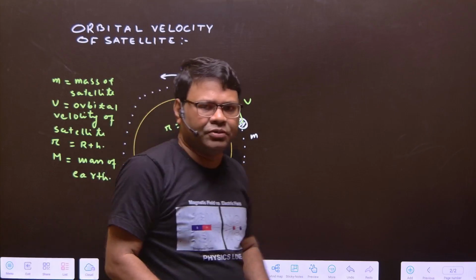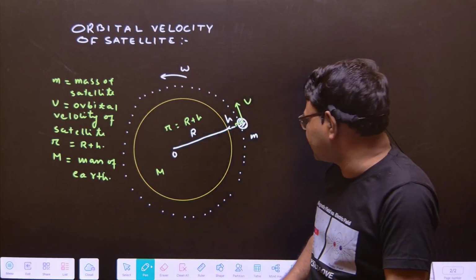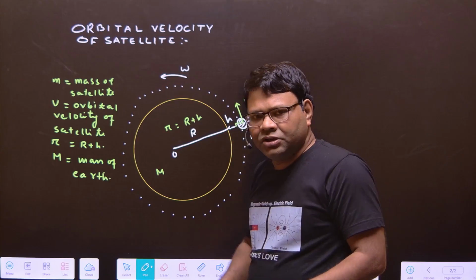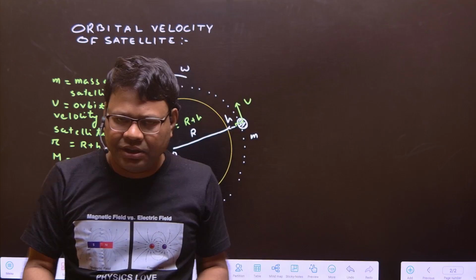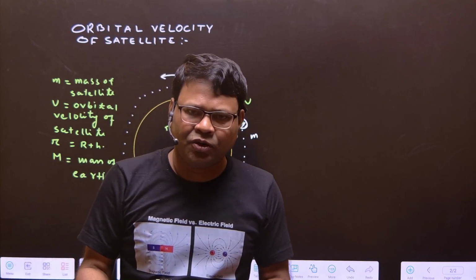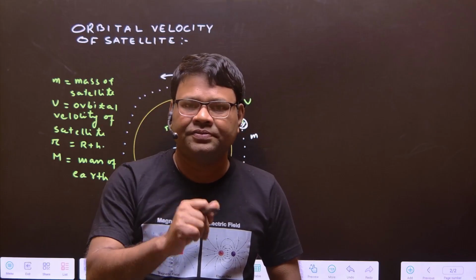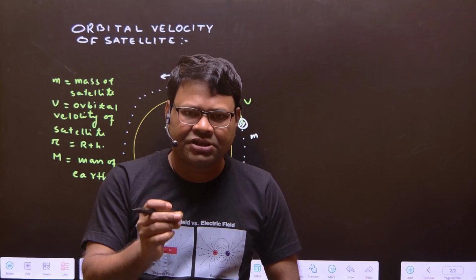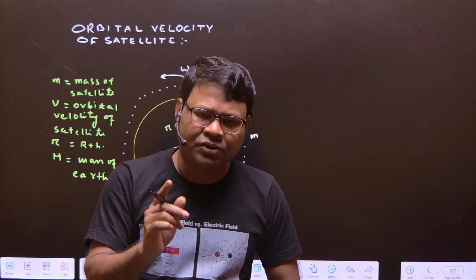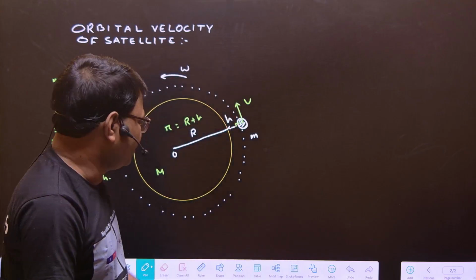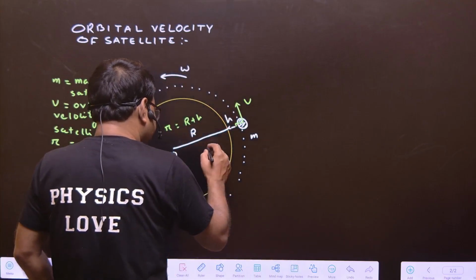I have written the symbol of v here. But now see, students, this is the satellite having the mass small m. For any object revolving in a circular orbit, one force is required, which is called the centripetal force. For any object to circulate in a circular orbit, a centripetal force is required, which acts towards the center.